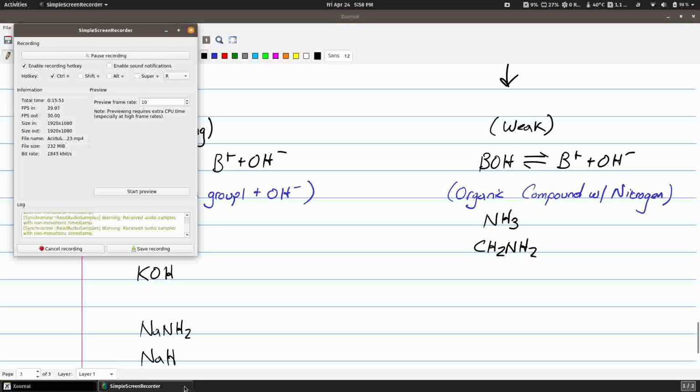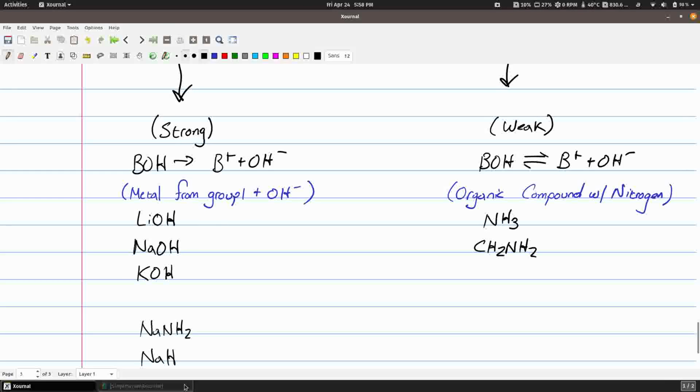Now, Arrhenius isn't the only type of acid and base that you can have. The next thing we're going to cover is our Bronsted-Lowry and Lewis definitions of acids and bases, because the Arrhenius definition is kind of limiting.